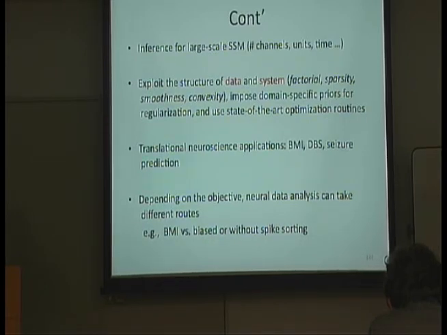Obviously, for neuroscience, the ultimate goal is to apply it to translational neuroscience so that you can use these techniques to benefit society: prosthetics, deep brain stimulation, or seizure prediction. Those are very challenging and obviously not easy, but it gives you a sense of what the ultimate goal in this field is.